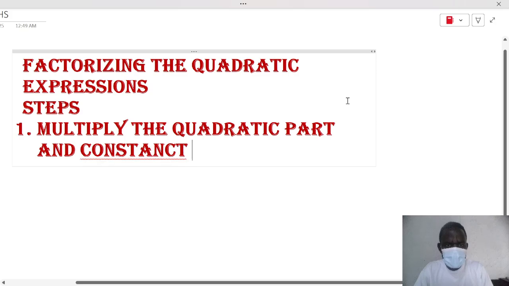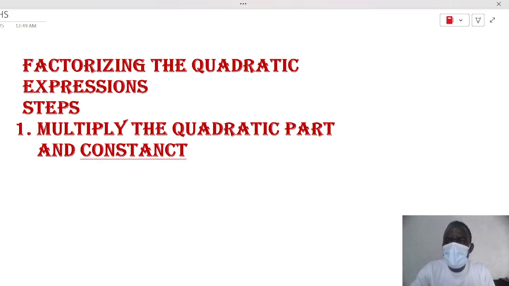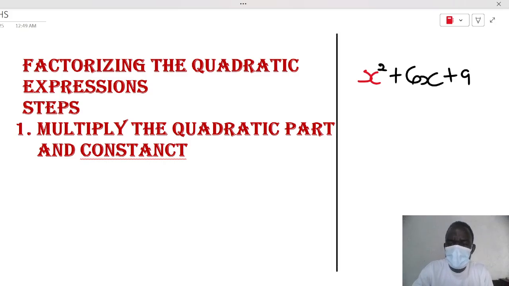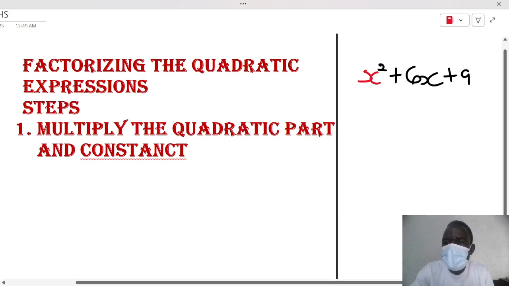For example, if they say factorize x squared plus 6x plus 9, the part which has got the power of 2 is the quadratic part.